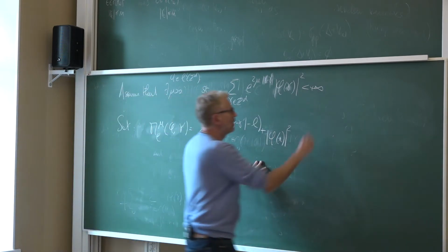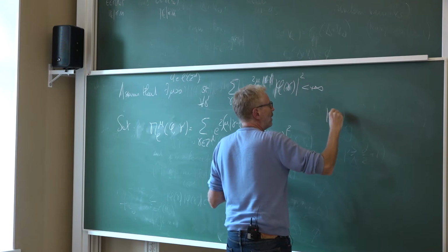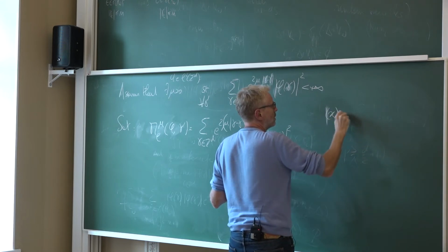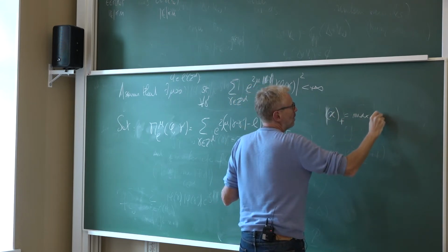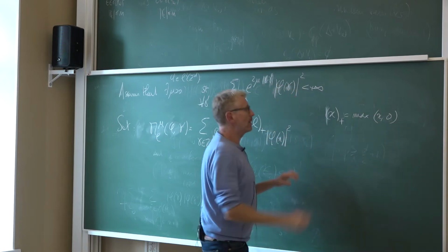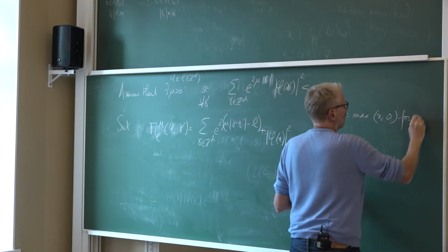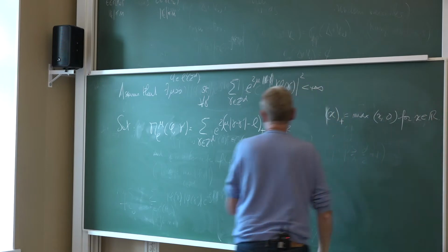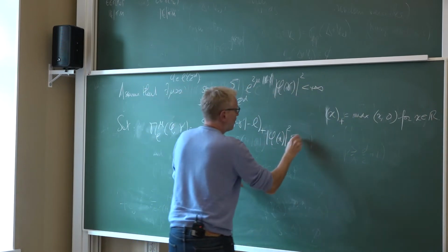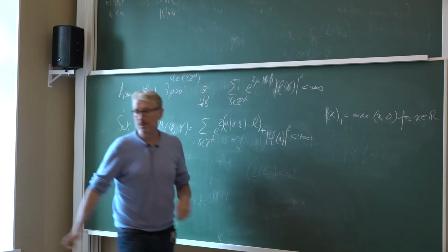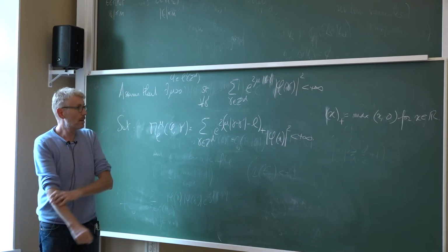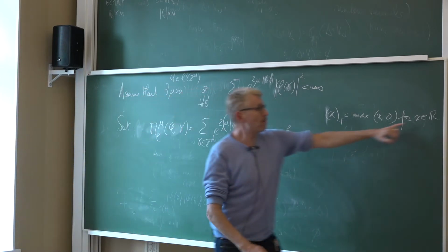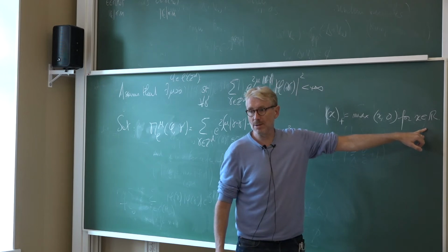Where, of course, for a real number x, x plus is the max of x and 0. Does it mean max of x and 0? x is a real number, so you know what max of x and 0 is.